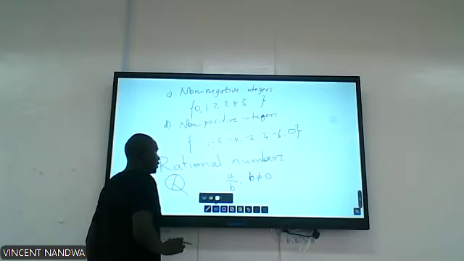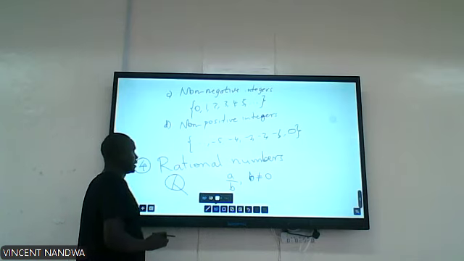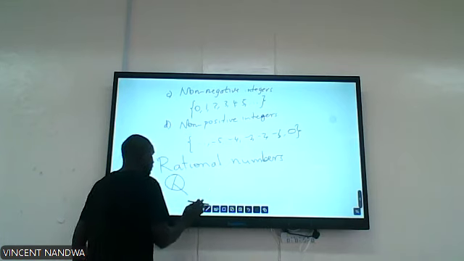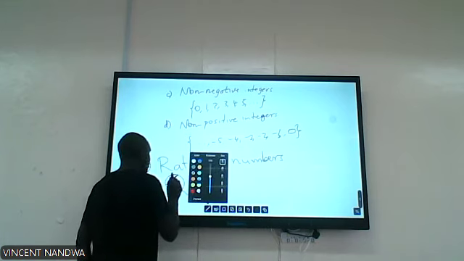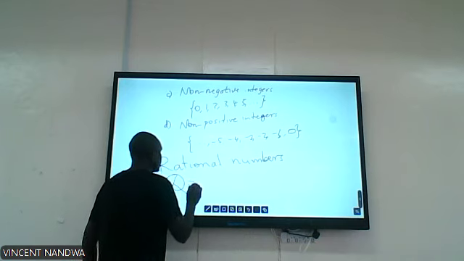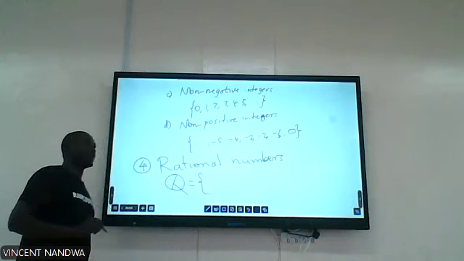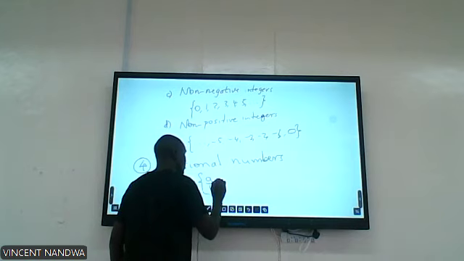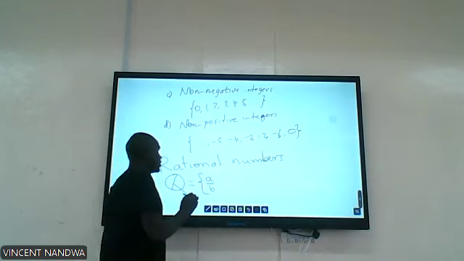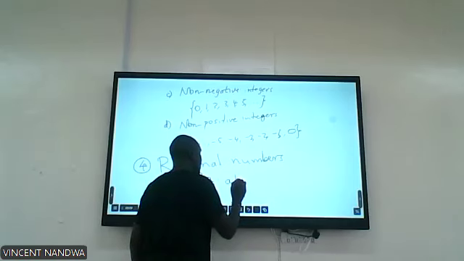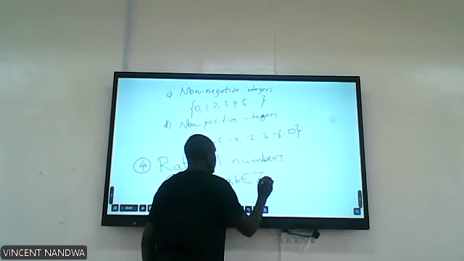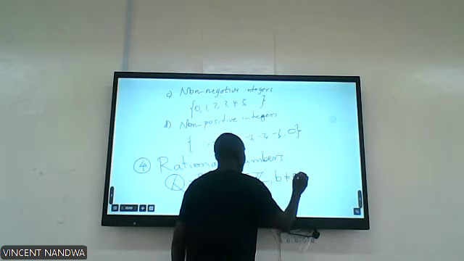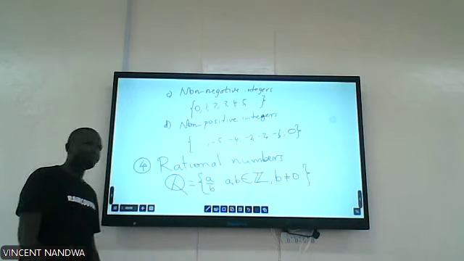If you want to be more formal, this statement can be framed as: the set of rational numbers is the set of all elements of the form A over B, such that A and B are integers and B is non-zero.